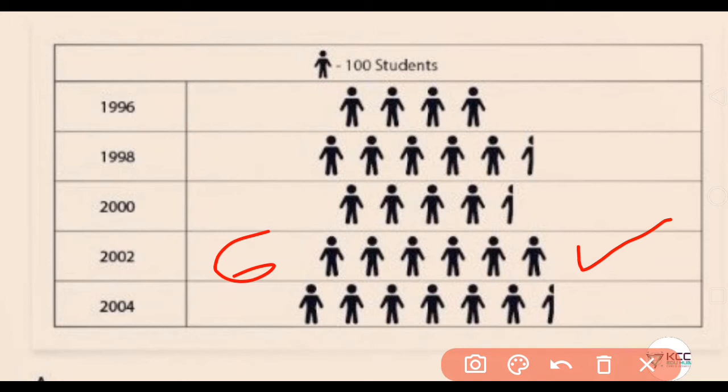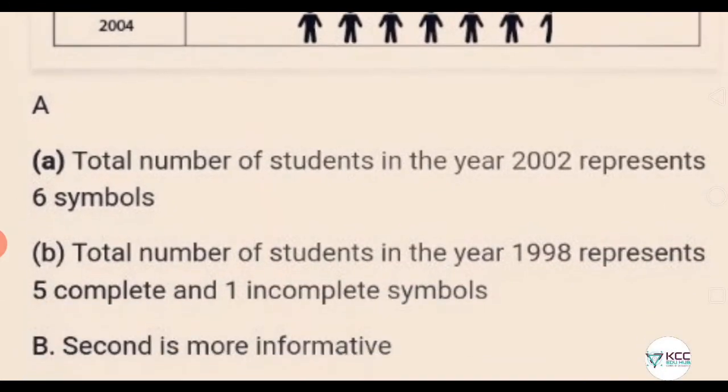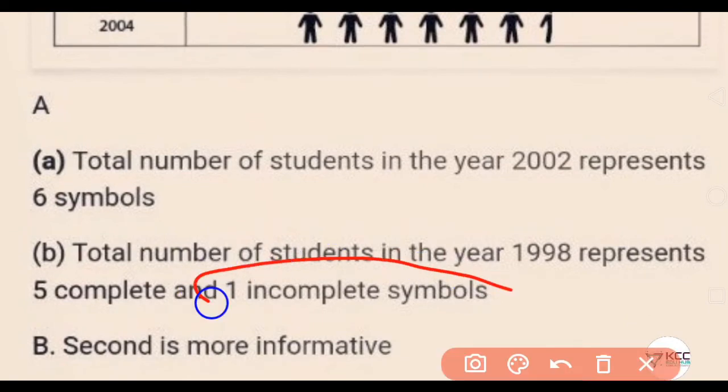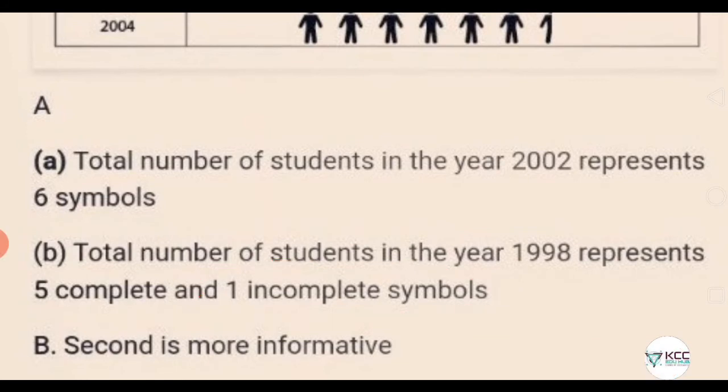In B, how many symbols represent the total number of students for the year 1998? In 1998, how many symbols are there? There are 5.5. 5 complete and 1 incomplete symbol. We can write it as the total number of students in the year 1998 is represented by 5 complete and 1 incomplete symbols.